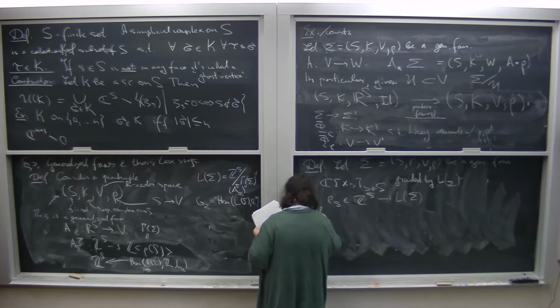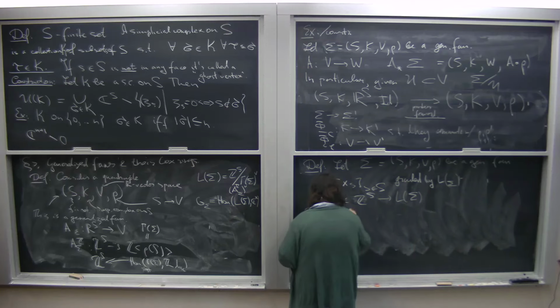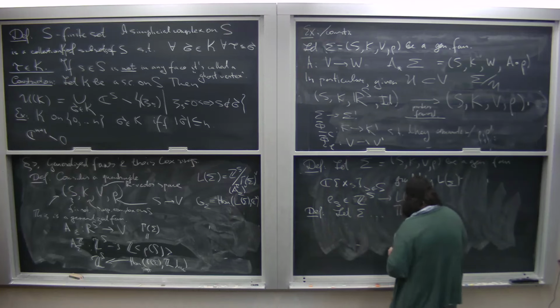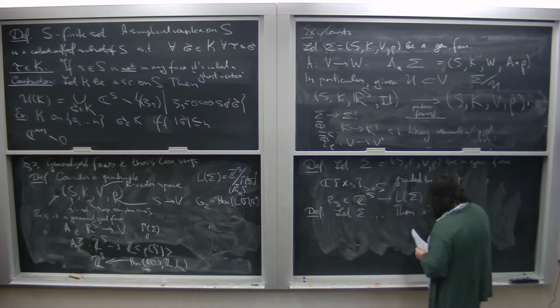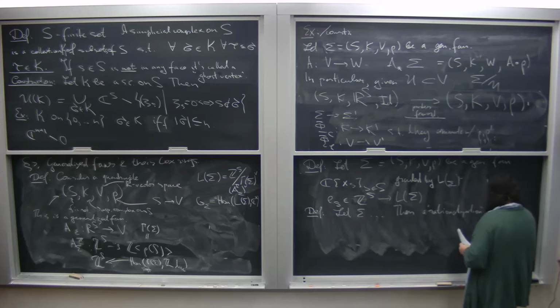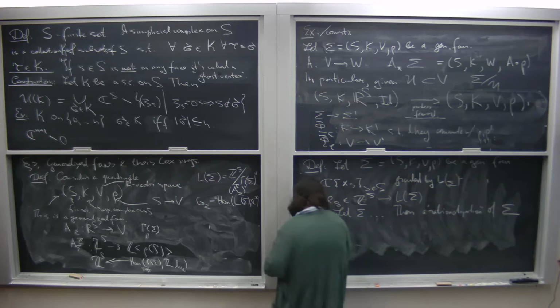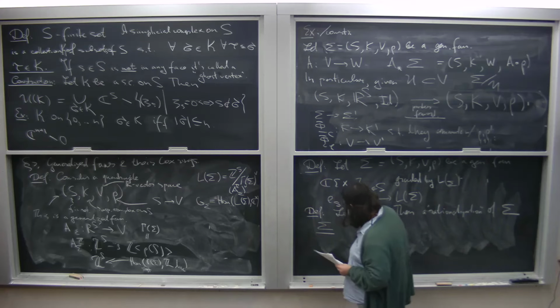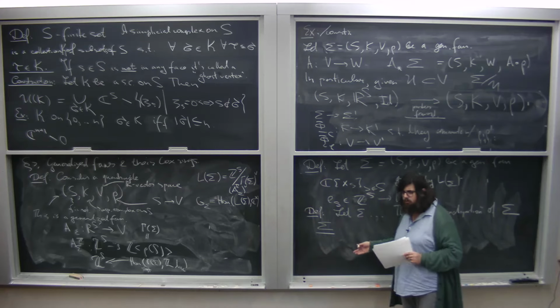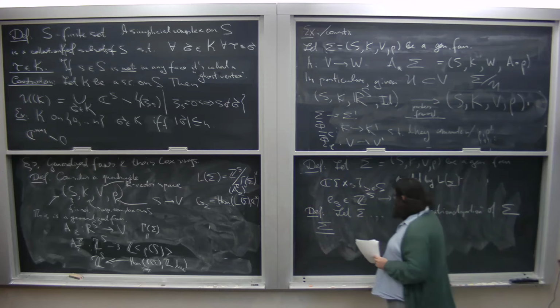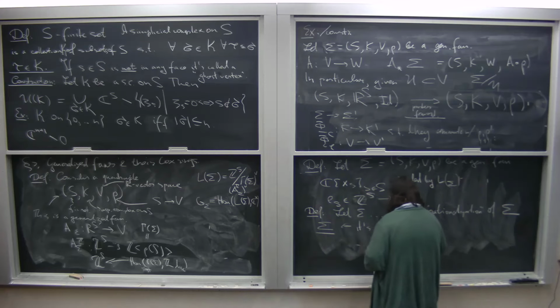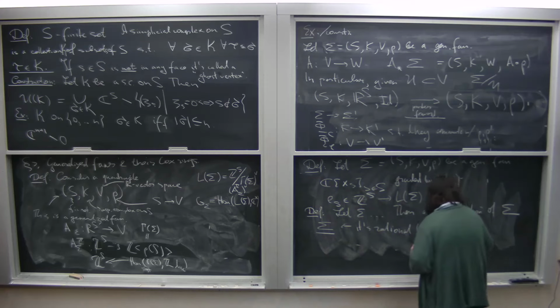So now let me give you the following definition. Let sigma be again a generalized fan, then a rationalization of sigma is the universal fan sigma underline, which lies under sigma with respect to morphisms of fans, such that it is rational, i.e., gamma sigma is discrete.